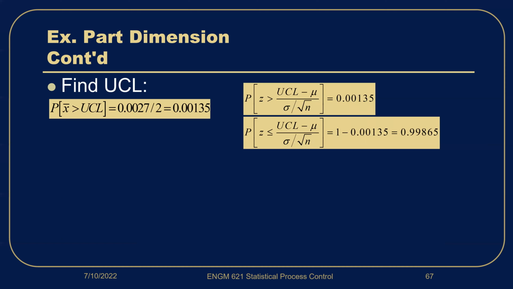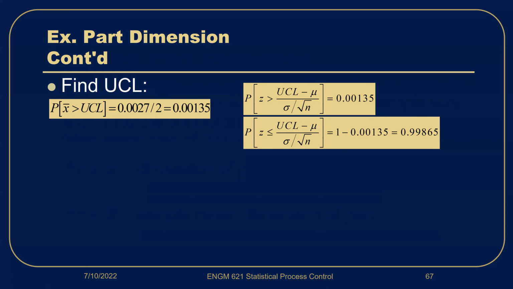As every X-bar has a corresponding Z value on the standard normal distribution, and every upper control limit has a corresponding Z value on the standard normal distribution too, the probability of X-bar exceeding UCL is the same as the probability that z exceeds this value. This is the upper control limit mapped into the standard normal distribution.